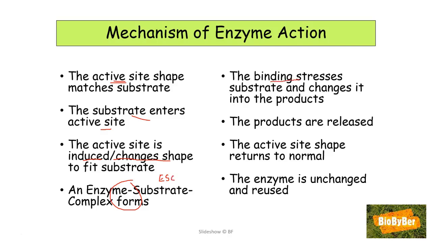The binding stresses the substrate and changes it into the products. You feel as if your ribs are fit to crack. The products are released. The active site shape returns to normal, which means that the enzyme is unchanged and can be reused. They are very fond of the mechanism of enzyme action in exams, so make sure that you know these steps.